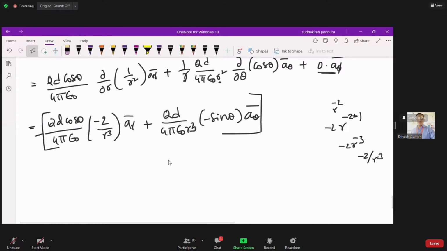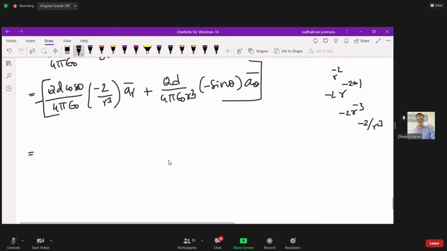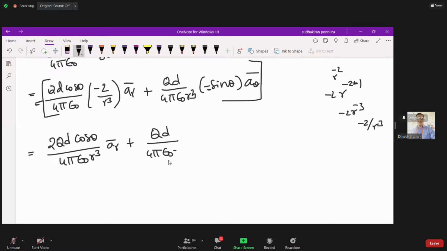So now going to the next step, minus of minus you will get plus, so 2 qd cos theta whole divided by 4 pi epsilon naught r cube of ar bar, and again minus with respect to minus sine theta you will get plus qd whole divided by 4 pi epsilon naught r cube of sine theta of a theta bar.